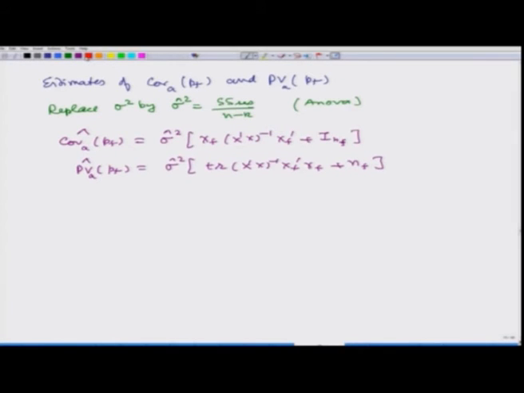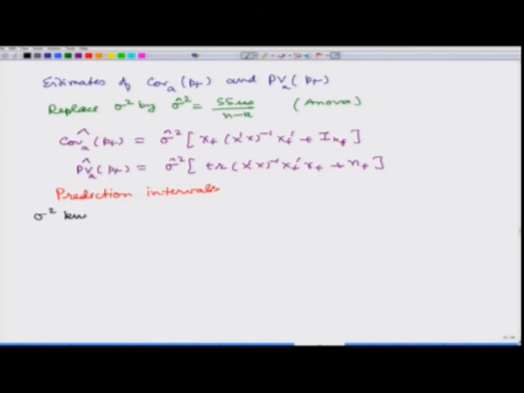Now, our next objective is to find the prediction interval. The prediction intervals can be found exactly in the same way as we have done in the earlier cases. So, we will have two cases here.